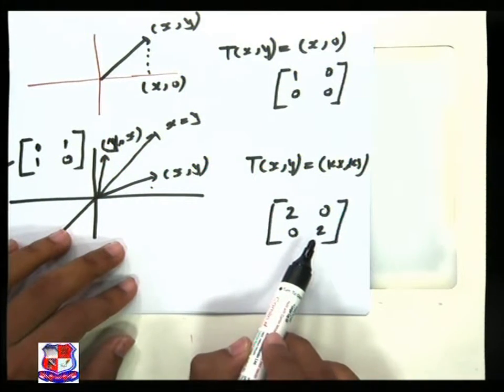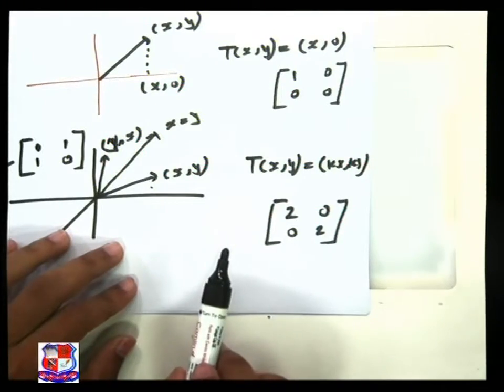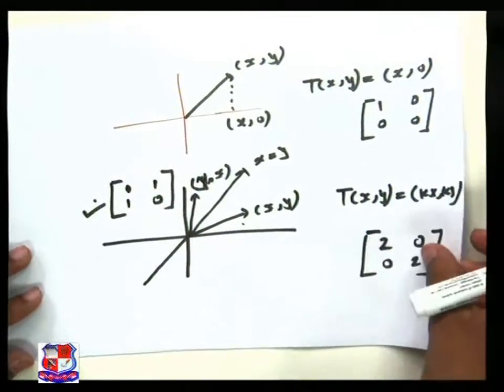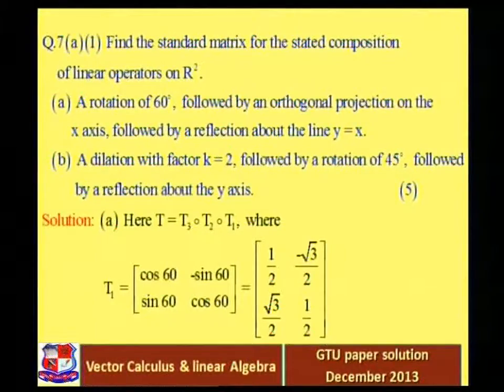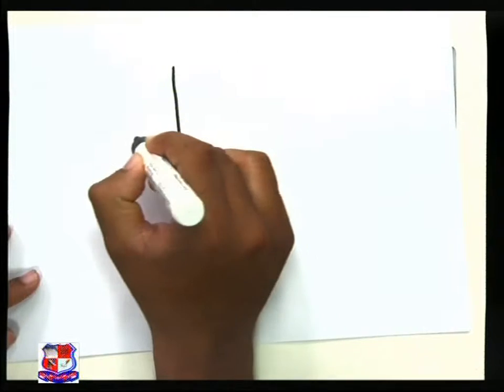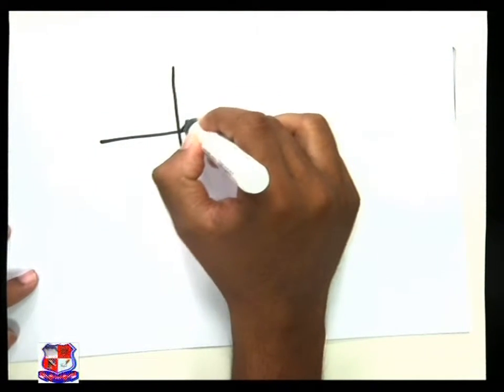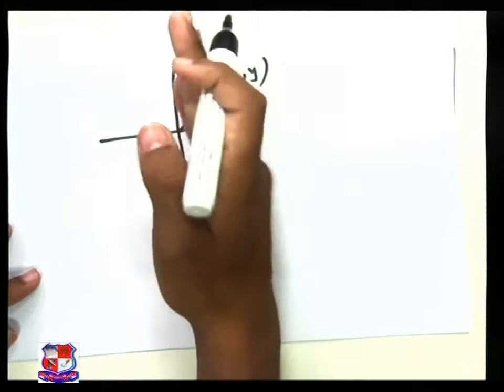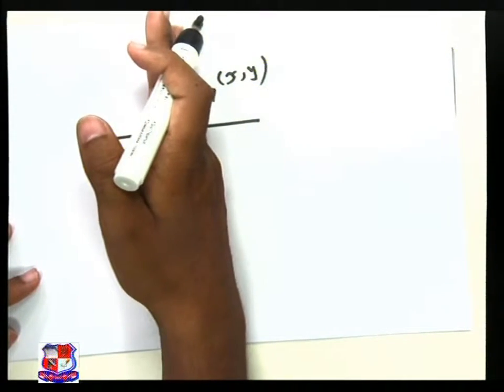Okay, and reflection about the y axis. What is a reflection about the y axis? Just try to understand that one. So this is the vector xy. Now the reflection about the y axis, so this is our y axis.